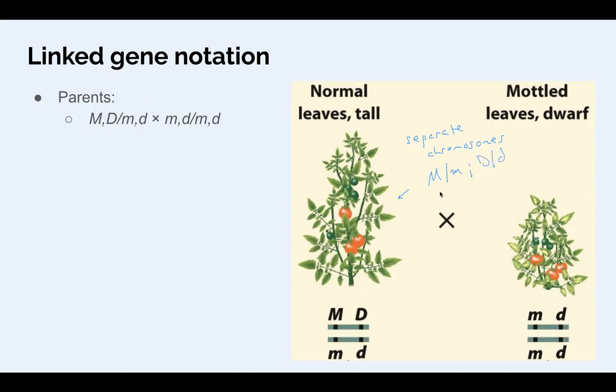And the difference with that notation, the semicolon tells us that we have different chromosomes. So that's kind of the break point in the notation between two separate chromosomes.